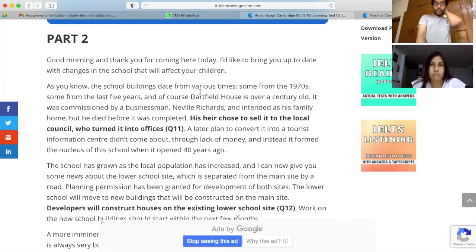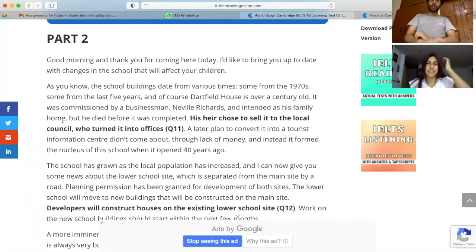It was commissioned by a businessman, Navy Richards, intended as his family home. Intended means thought. That was my mistake. It was thought that it should be constructed as a family home, but before it was done, he died. His heir chose to sell it to the Yokai Council, who turned it into offices.